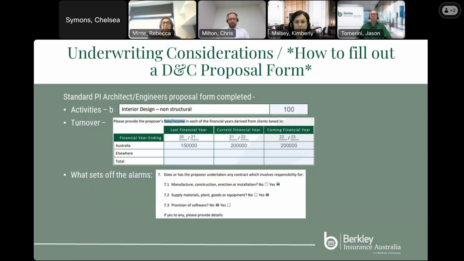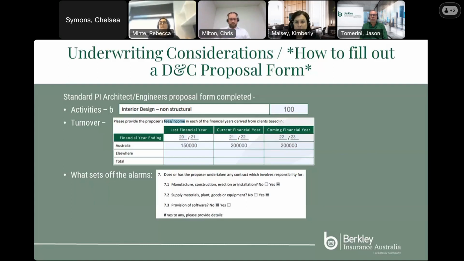The client has described themselves as an interior designer, and they've input fees of $150,000 for the last financial year. However, the client has also indicated that they are involved in manufacturing, construction, erection, or installation, and also the supply of materials, plant, goods, or equipment.